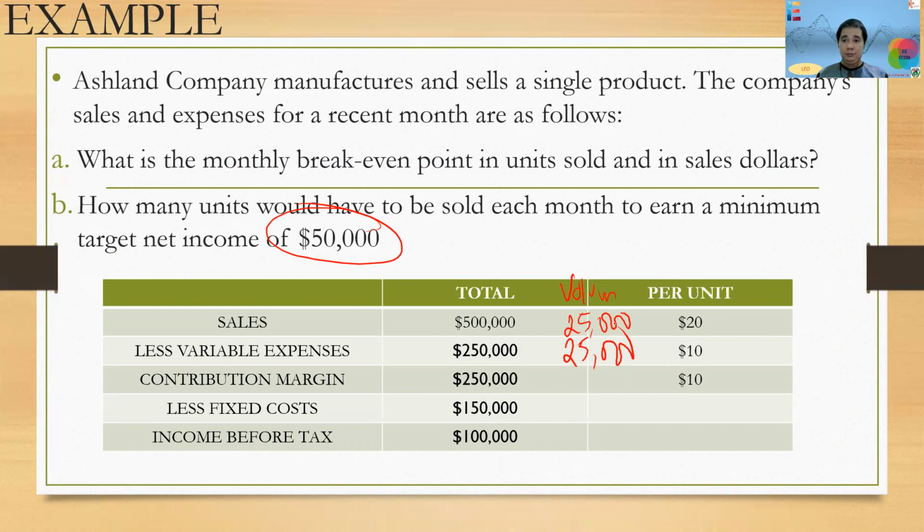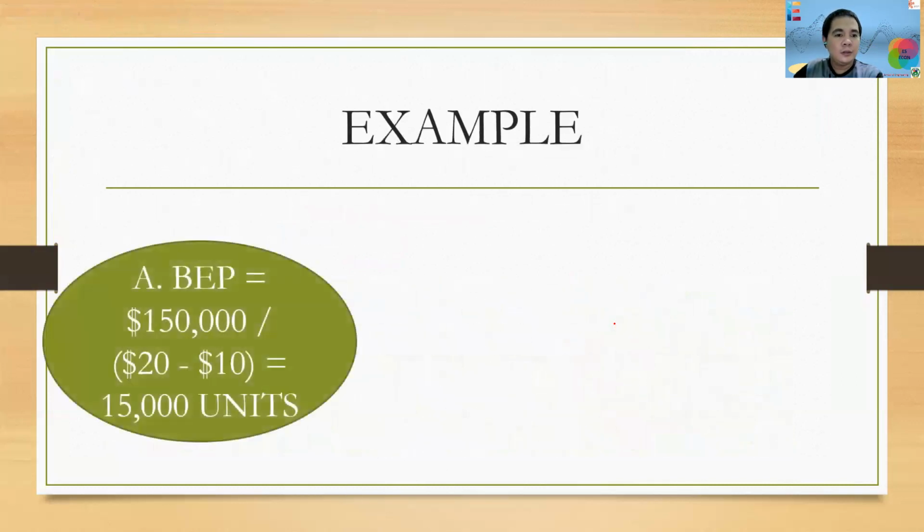So double check, I'm double checking the given. So your contribution margin is 250,000 or 10 per unit. Fixed cost is 150,000 and your income before tax is $100,000. So let's say fixed cost is 150,000.